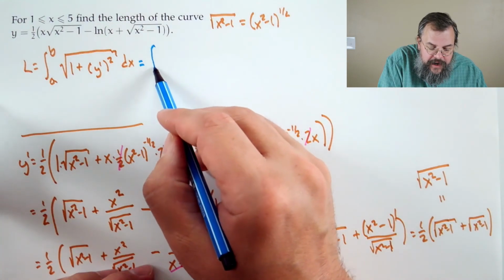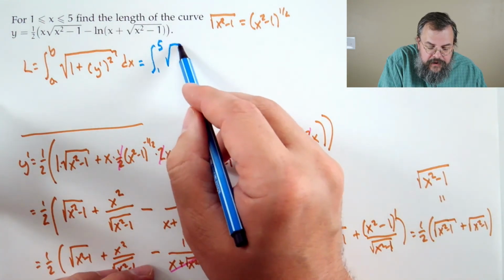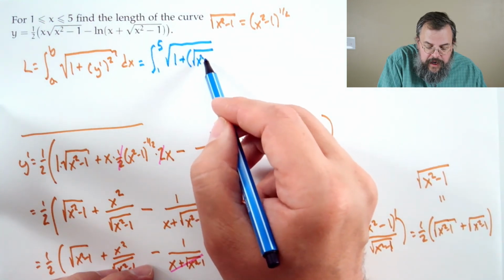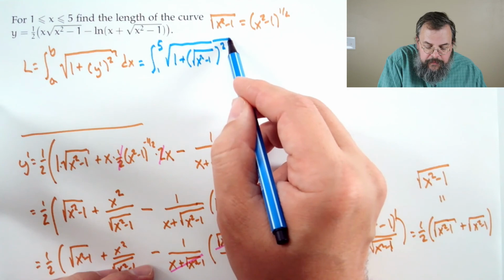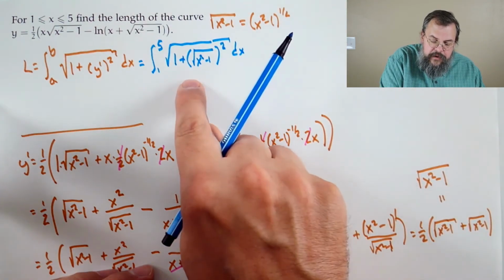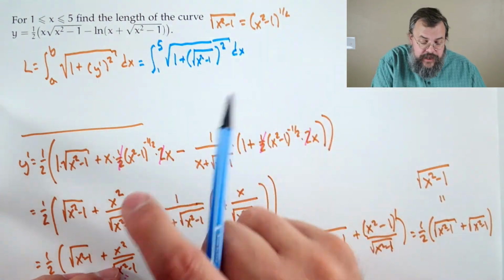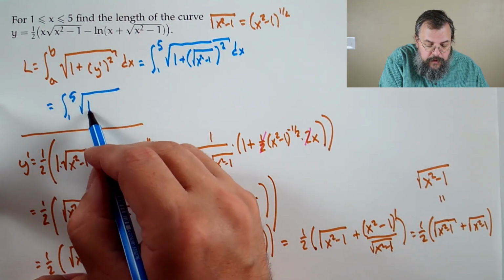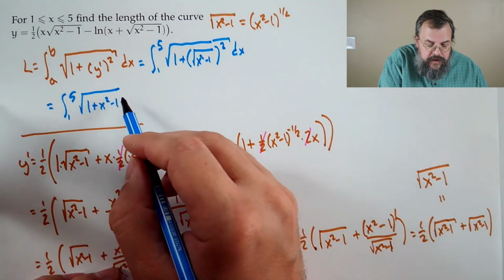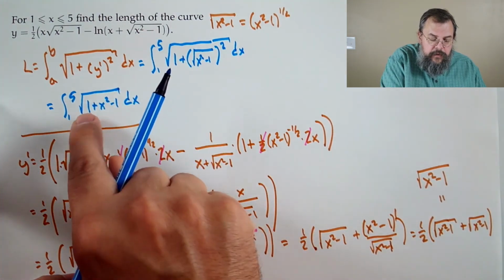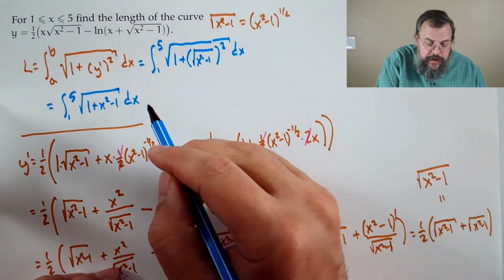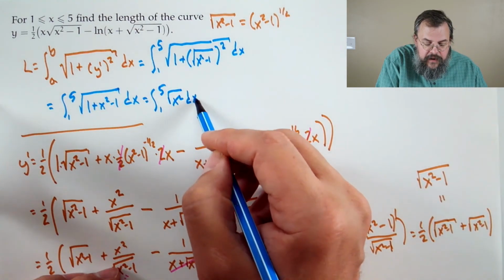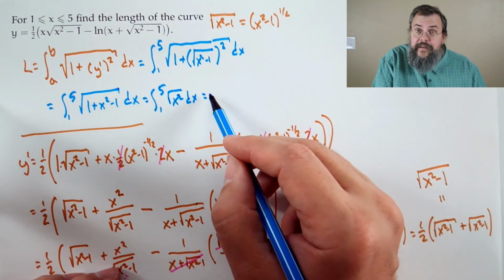We're going to go integral from 1 to 5, square root of 1 plus square root of x squared minus 1, squared. Well, square root squared, they undo each other. So integral from 1 to 5, square root of 1 plus x squared minus 1. And you say, hey, the 1's cancel. Perfect. So integral from 1 to 5, square root of x squared. Wait, square root of x squared, that's easy.